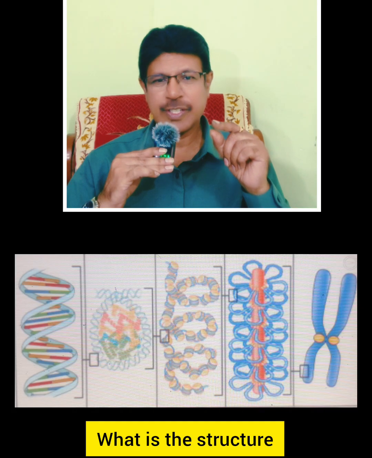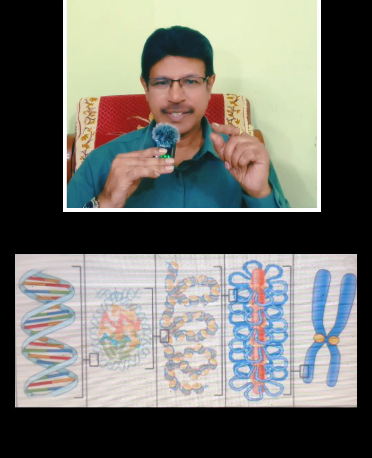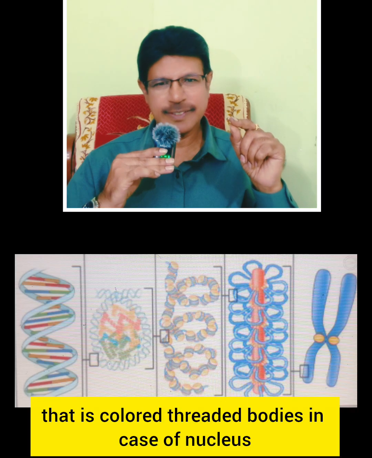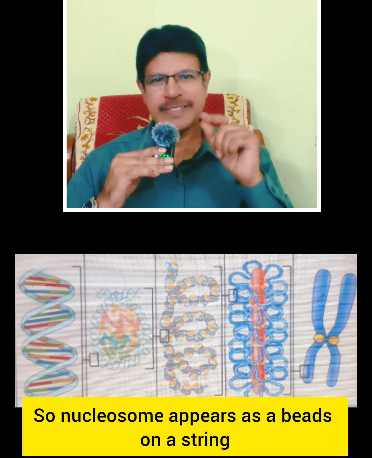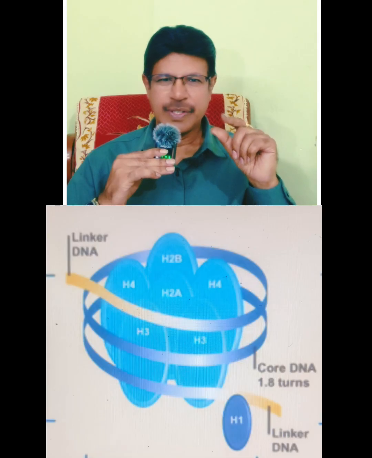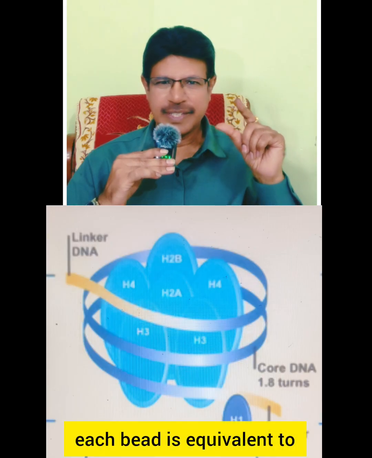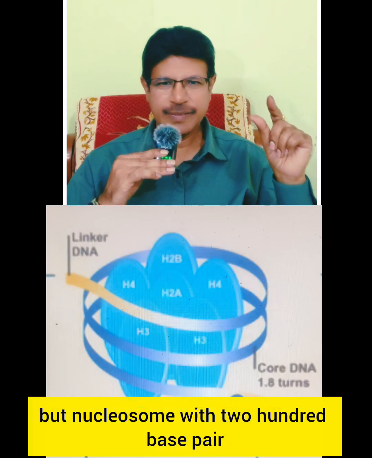What is the structure? Chromatin in the nucleus, the colored threaded bodies. So the nucleosome appears as beads on a string. Beads are nothing but nucleosomes, string is nothing but chromatin. Each bead is nothing but a nucleosome with 200 base pairs.